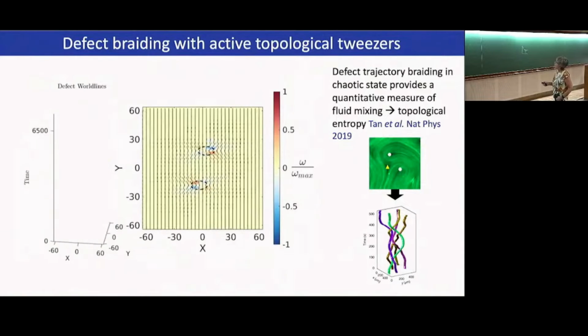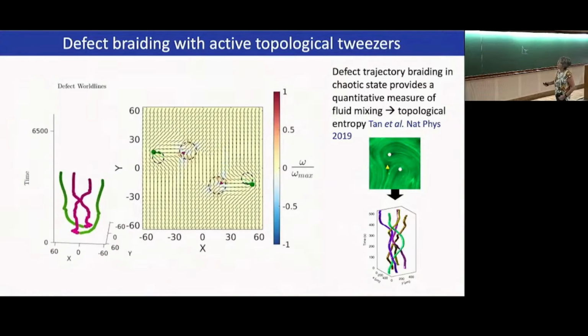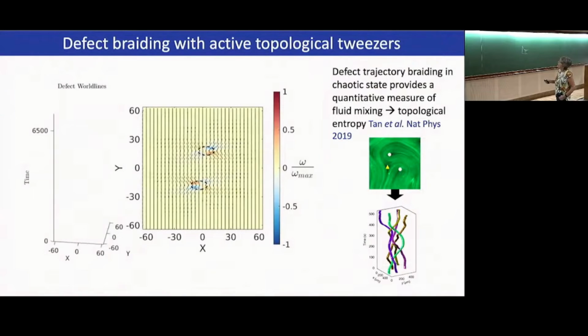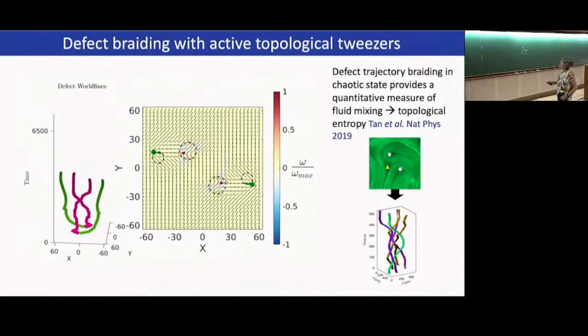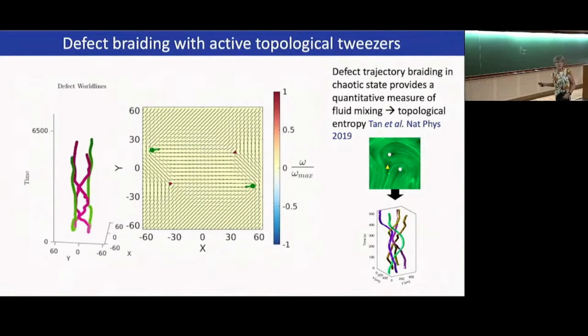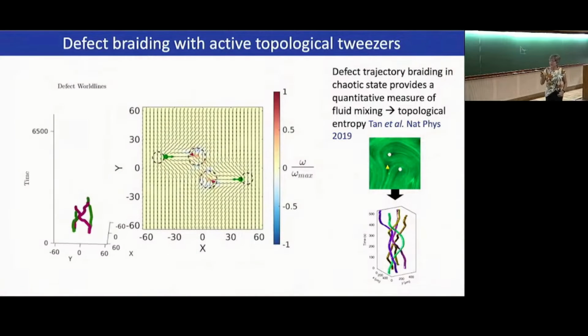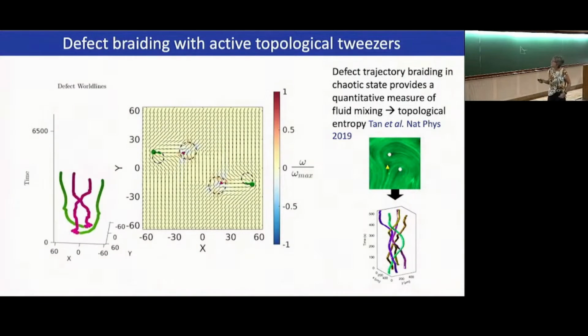And what they showed is that by measuring the so-called topological entropy associated with the braiding of the defect trajectory, they obtain the same information that one can get from measuring Lyapunov exponents associated with fluid mixing. So again, demonstrating a one-to-one correspondence between defect dynamics and flows in these kind of systems.